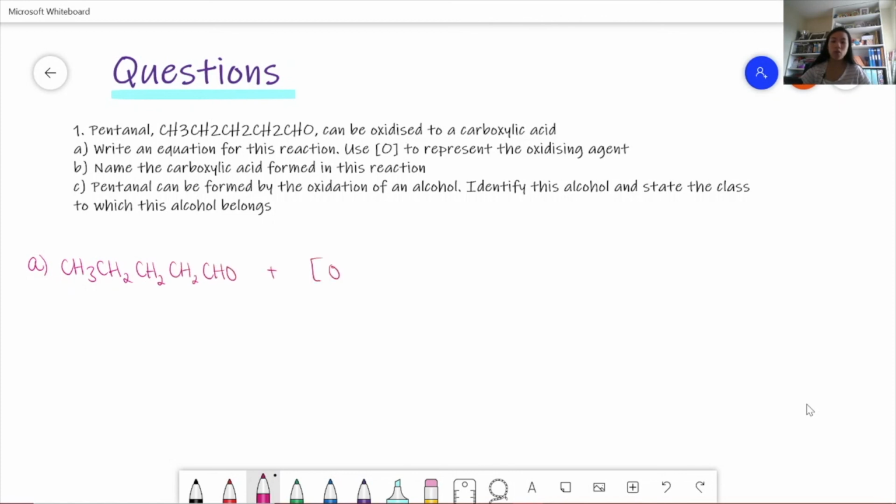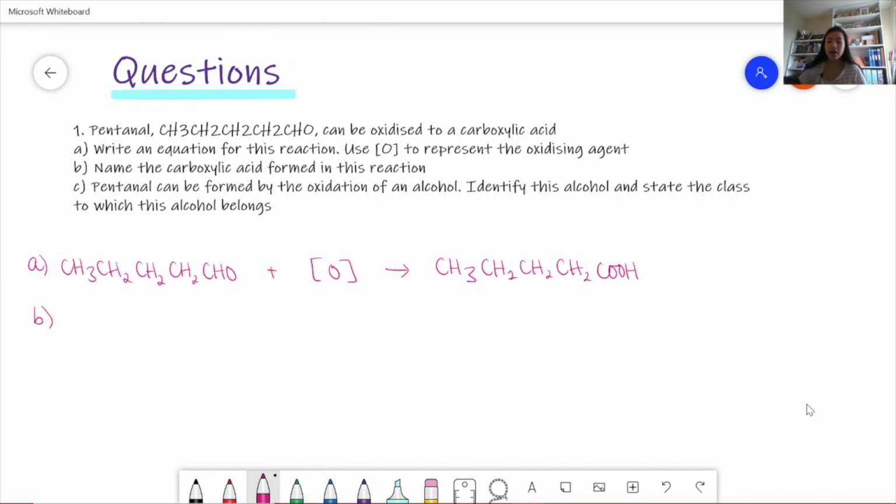And then we add one of these square brackets O's and then we form a carboxylic acid. So we should form pentanoic acid from pentanal, because we're oxidizing it. CH3, CH2, CH2, CH2, and then COOH.